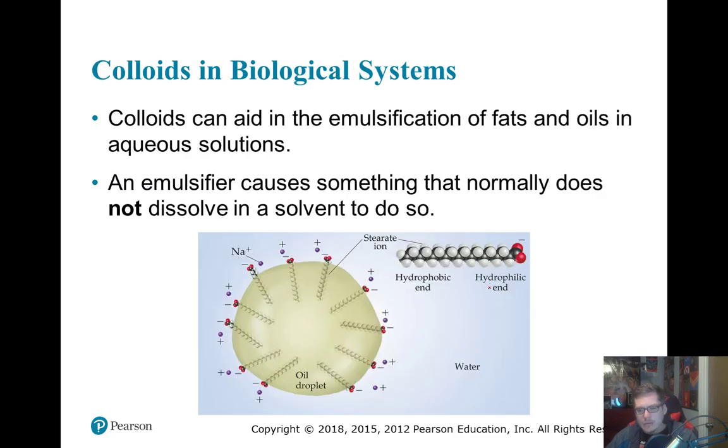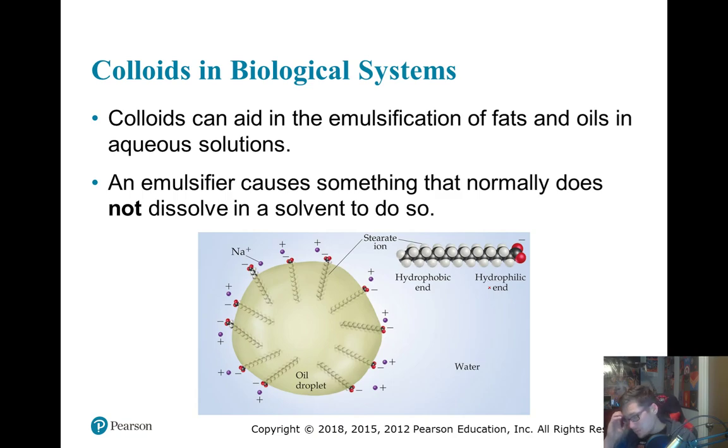All right, colloids in biological systems play an important role, and we call this emulsification. Emulsification essentially means you're going to add some new compound that is going to help your colloid or your particles dissolve in the water.